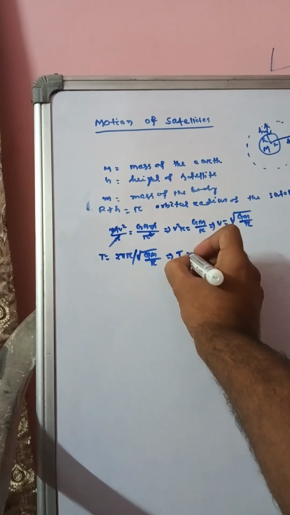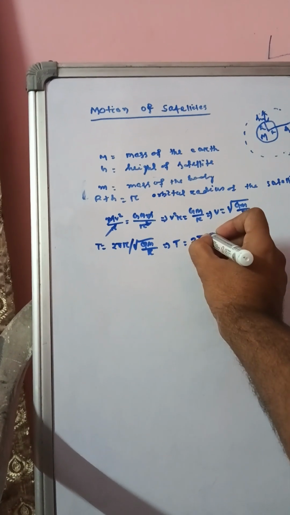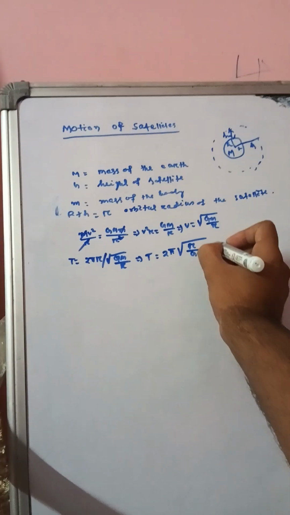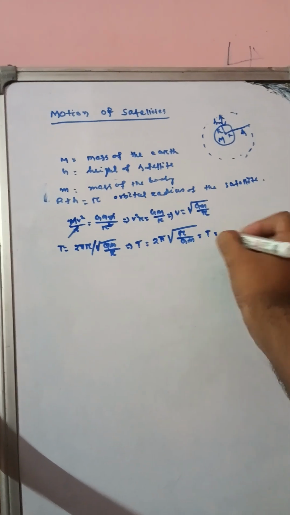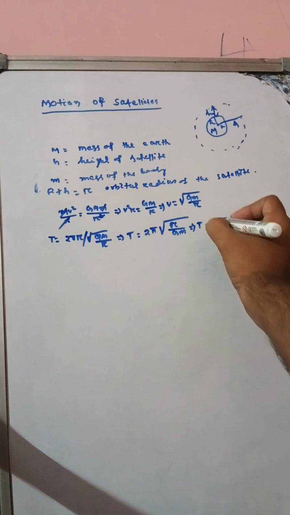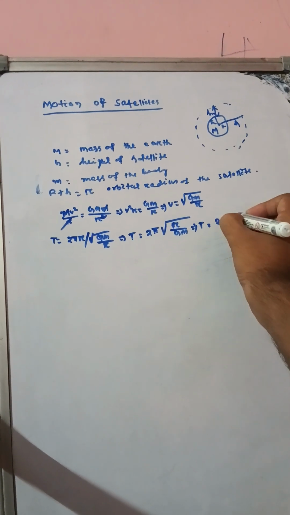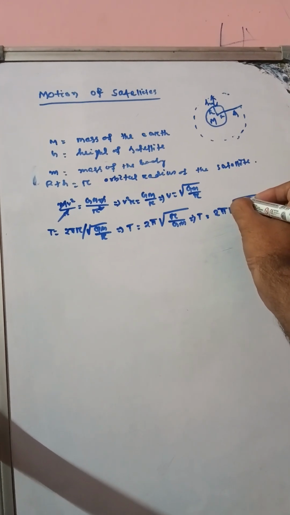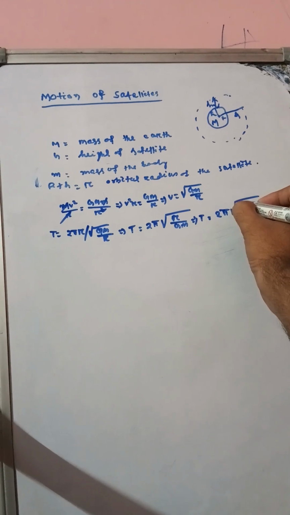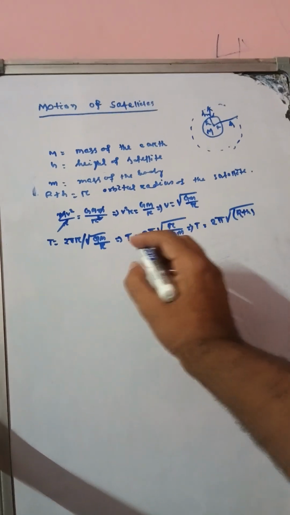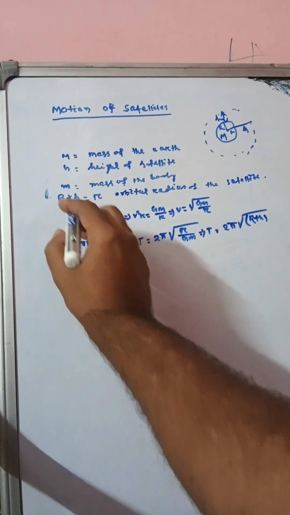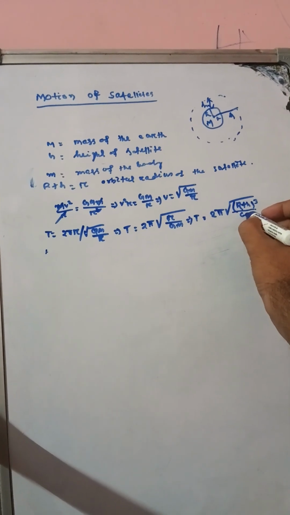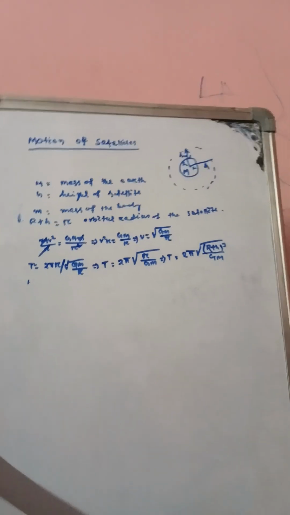This implies that T is equal to 2 pi square root of r cube by GM, which is T equal to 2 pi square root of (R plus h) whole cube divided by GM, where the orbital radius r is equal to R plus h. Okay, clear?